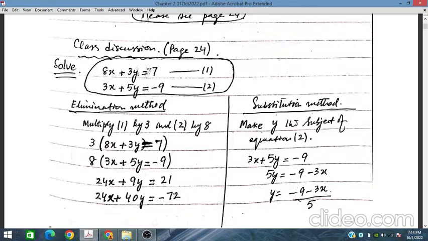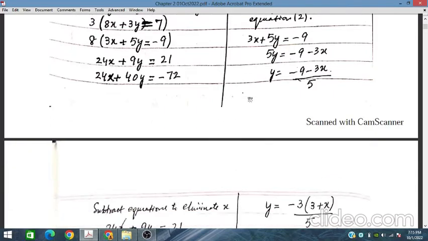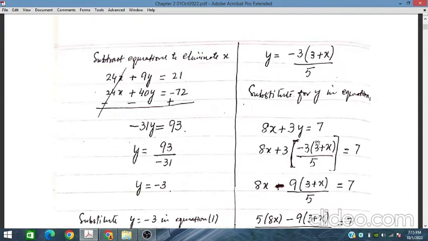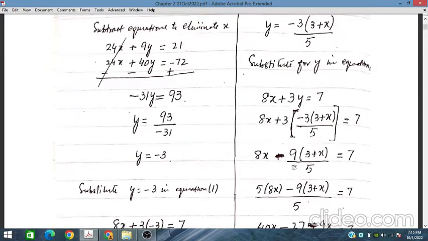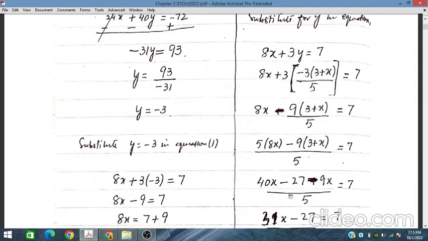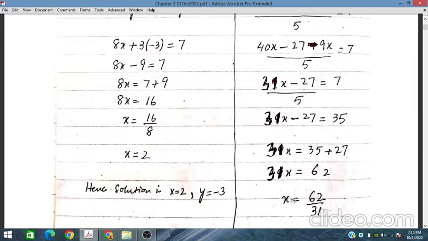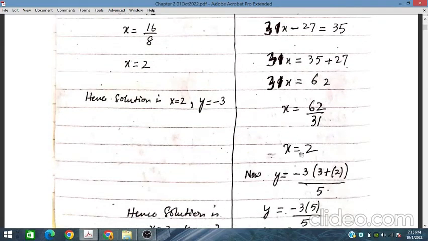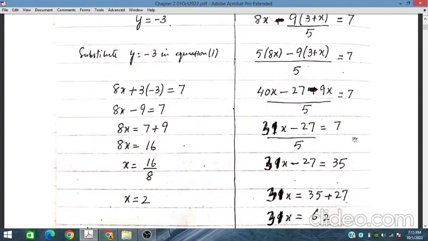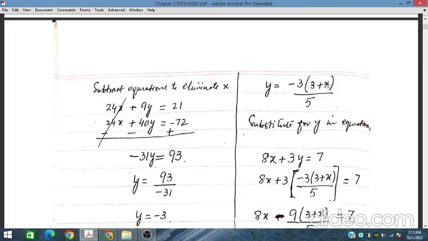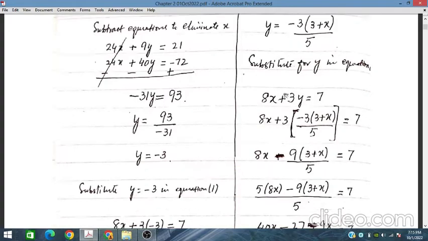This y is placed in equation number 1, and by solving we get this value. With simple operations, we have obtained x is equal to 2. Then we can place it in the subject equation here and get the value of y.